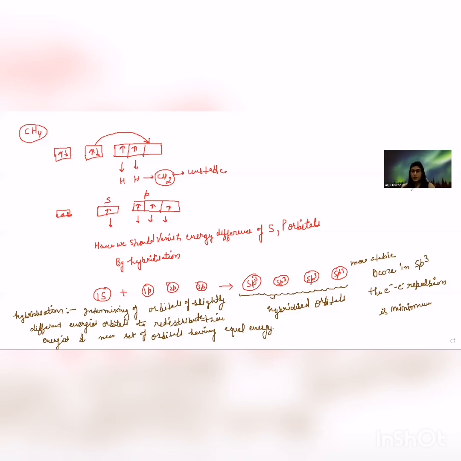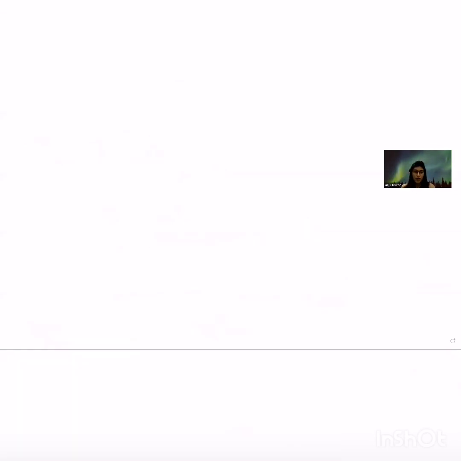Now we see sp3 hybridization, the arrangement of sp3 orbitals. Now you know that the s orbital is spherical in shape, and the p orbital is in the shape of a dumbbell, right? And carbon has 1 s orbital and 3 p orbitals in sp3 hybridization. We have 4 unpaired electrons and carbon bonds with 4 hydrogens.